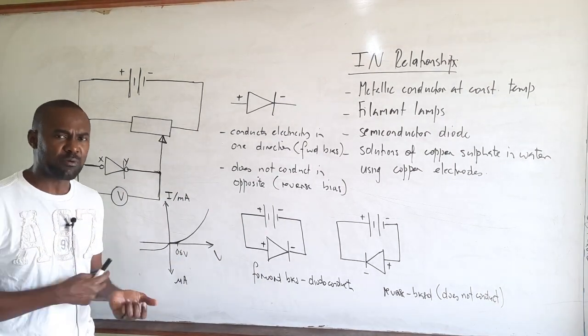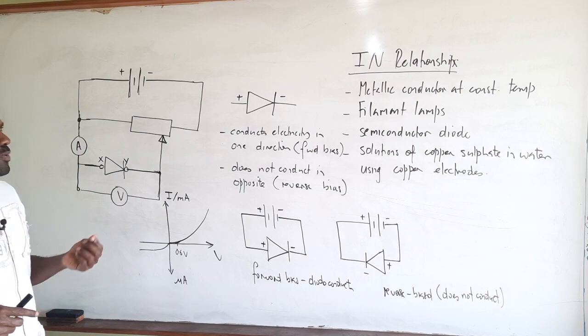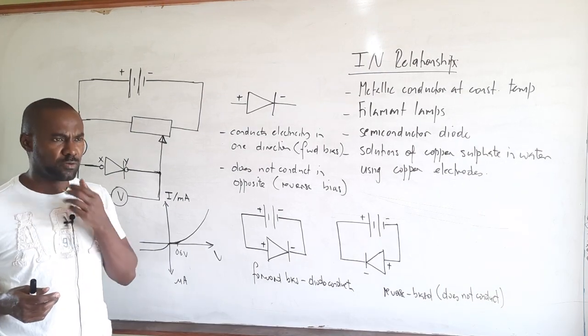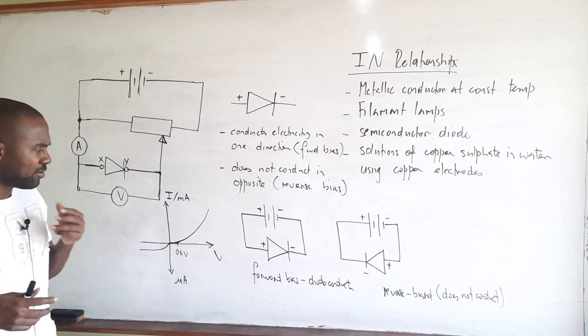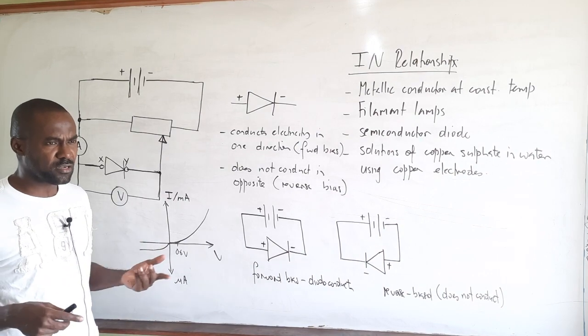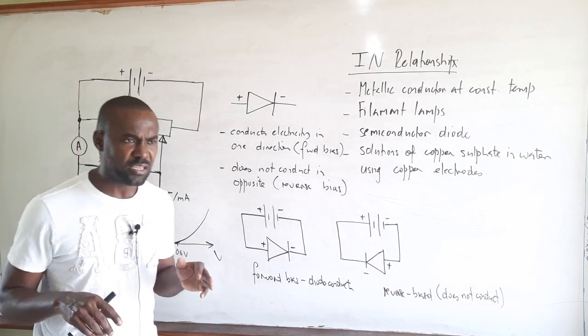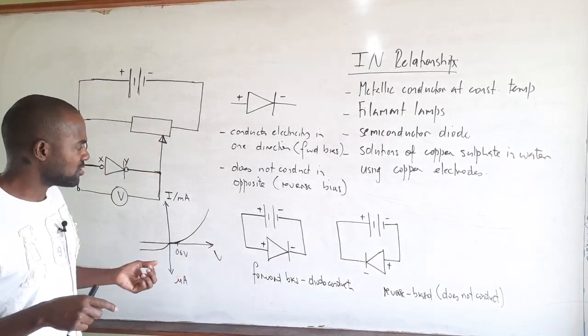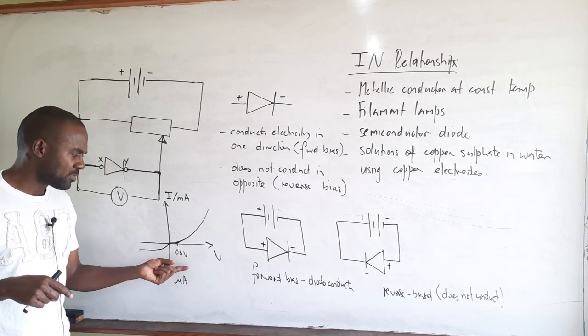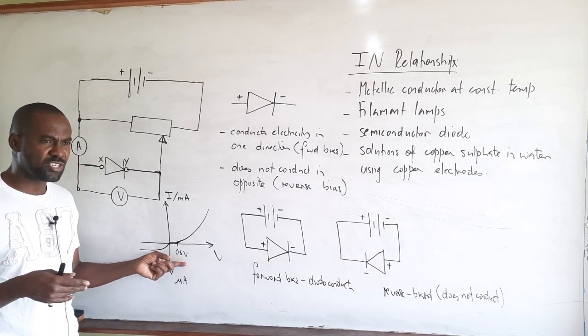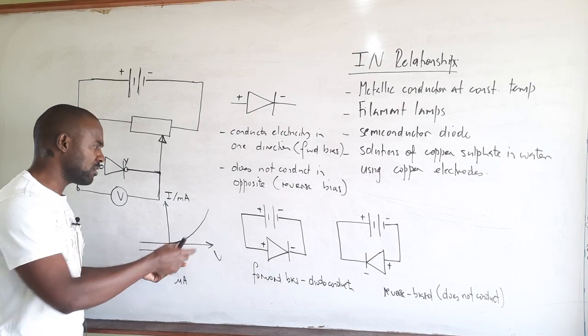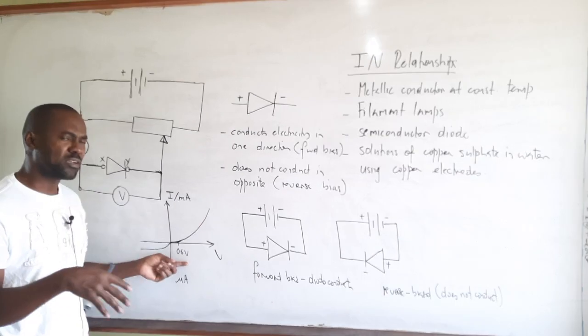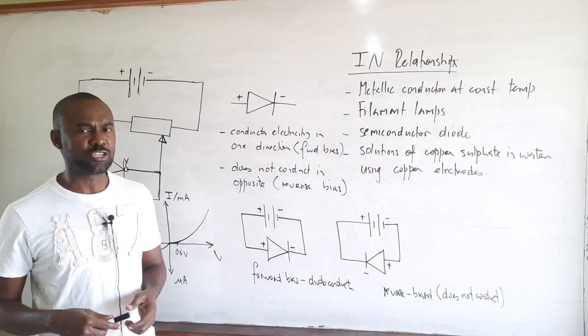That is normally referred to as the cut-in voltage, right? So the diode essentially only conducts a significant current in forward bias, but in order for it to conduct, the voltage across it must reach this cut-in voltage, and then there's likely to be a significant increase in the current for only a small increase in the voltage.